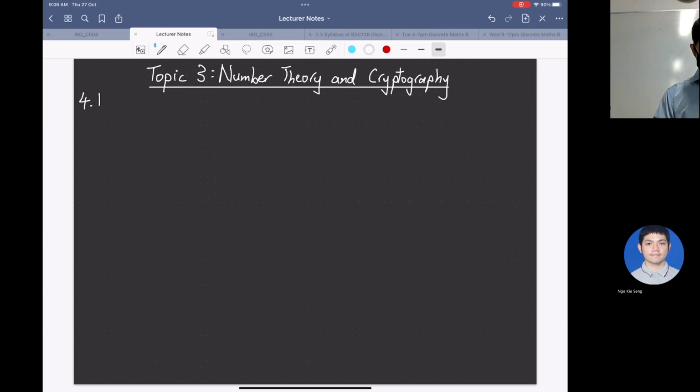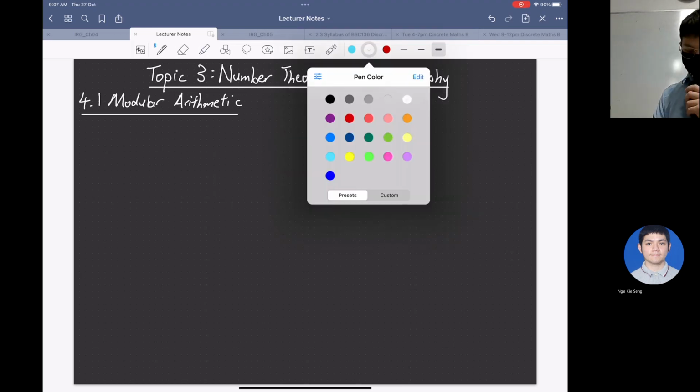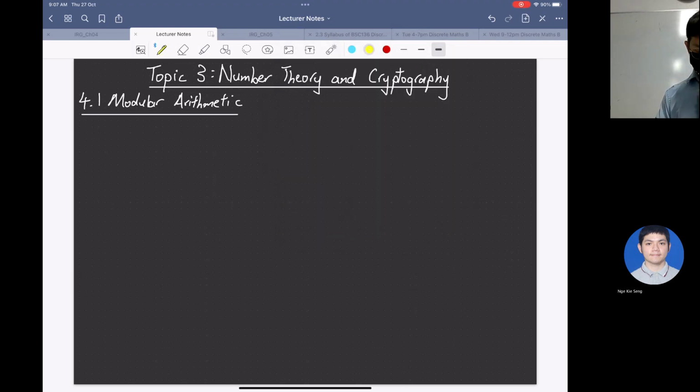The first part we do is modular arithmetic. The goal of this part is to study a finite set of numbers.